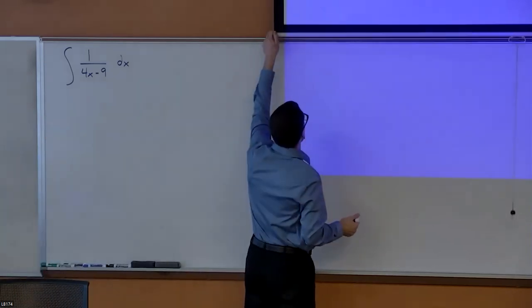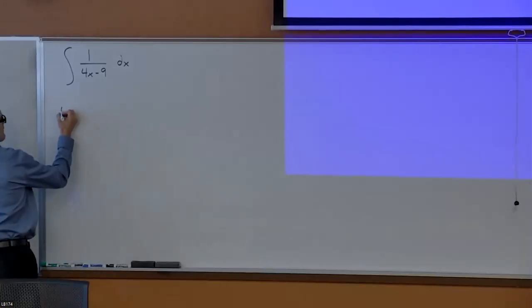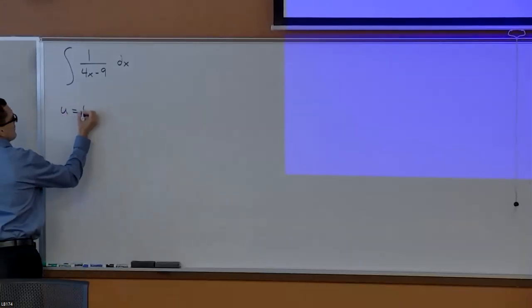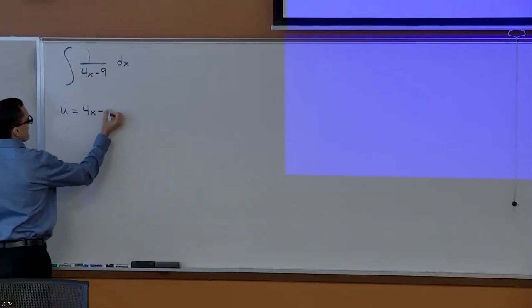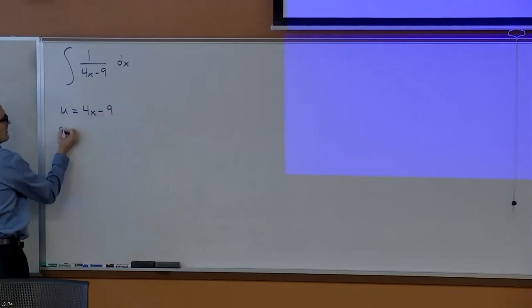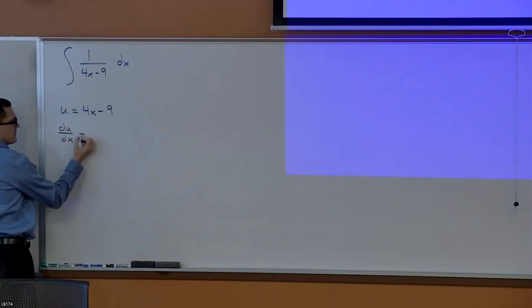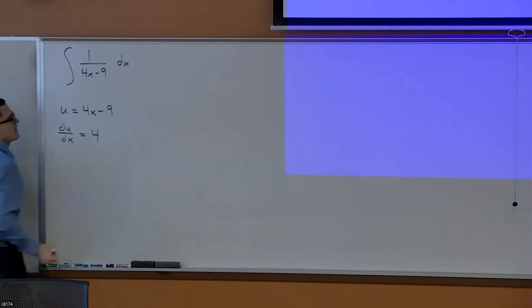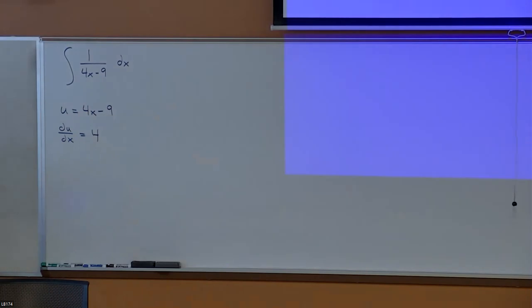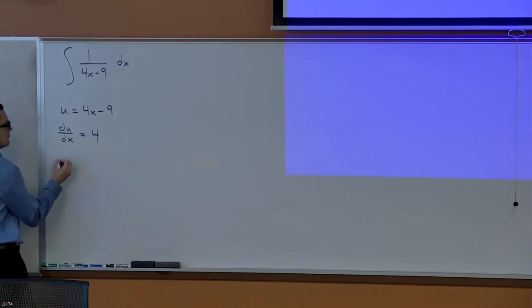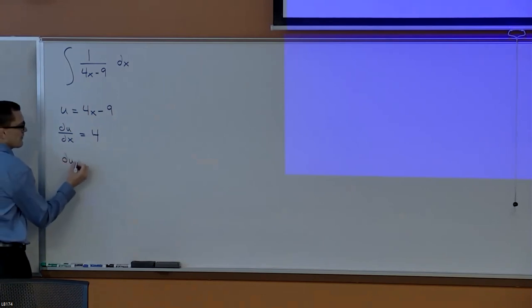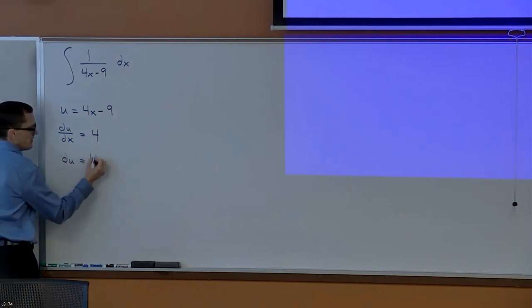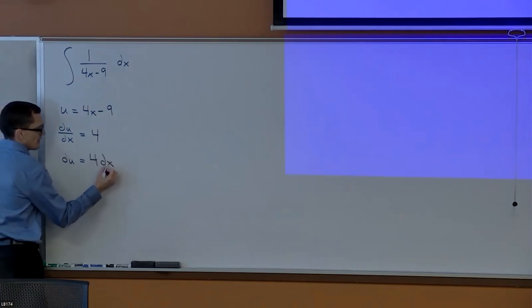And so what I do in this case is I set the u to be 4x minus 9. And then I take a derivative of u with respect to x. In this case, that's just 4. So my du is going to be equal to 4 times dx.